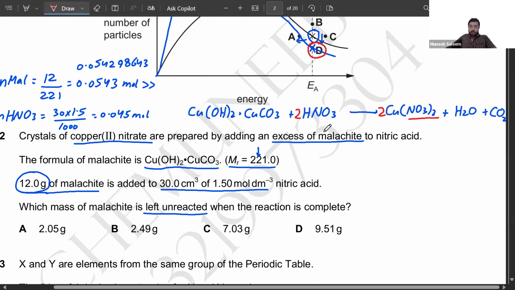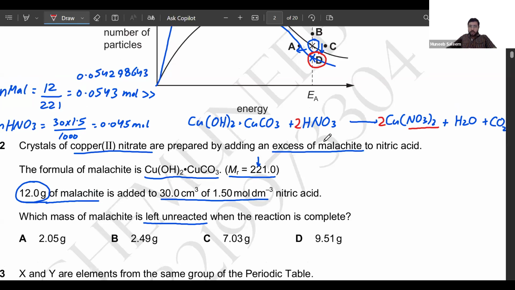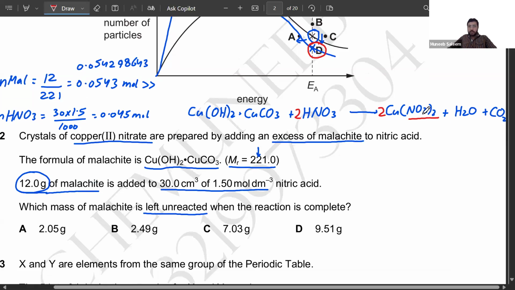Now my nitrates are also balanced. Now check the number of the hydrogen atoms. The hydrogen atoms might not be balanced. On the left side we have four. On the right side we have two. So the balance stat.